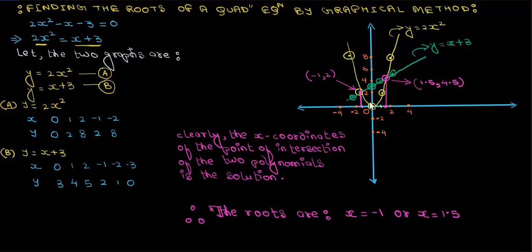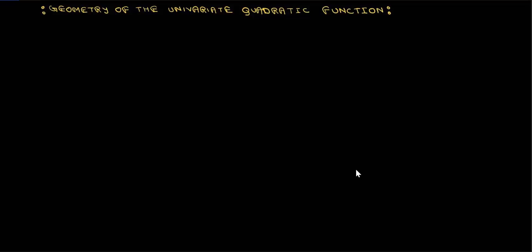And the other point of intersection is this point, and when you put x equal to 1.5, you get y equal to 4.5 in both cases, for y equal to 2x square and for y equal to x plus 3. So this is the solution. So clearly the x coordinates of the points of intersection of the two polynomials are the solution. Therefore the roots are x equal to minus 1 or x equal to 1.5.